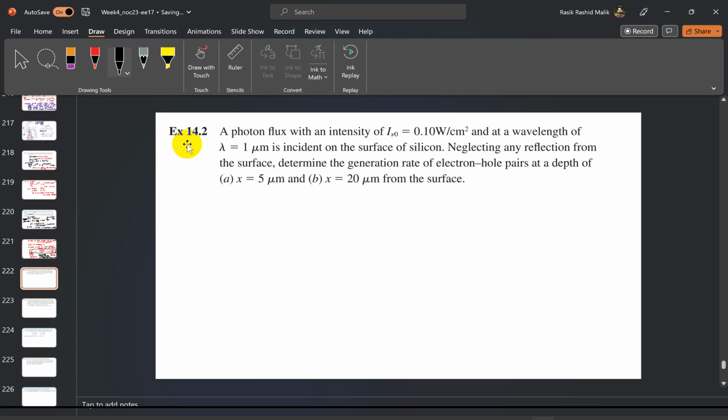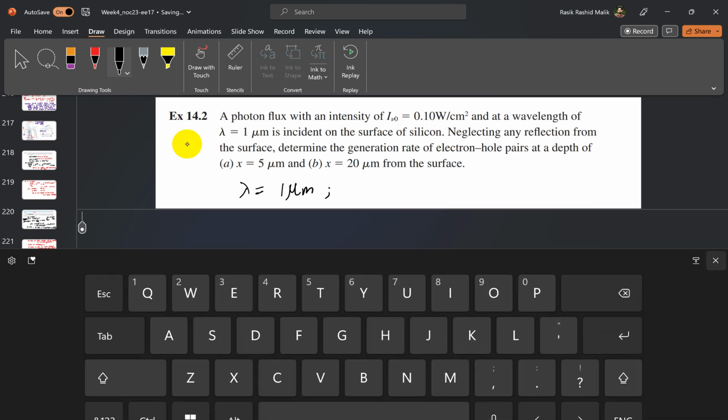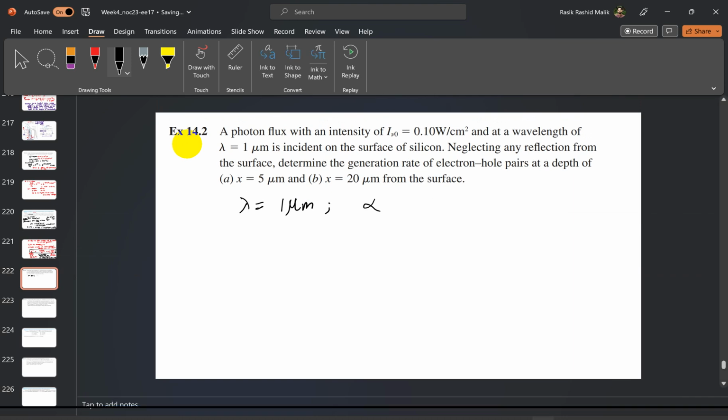So the starting point is lambda equal to 1 micrometer, with alpha equal to 10 to the power 2.